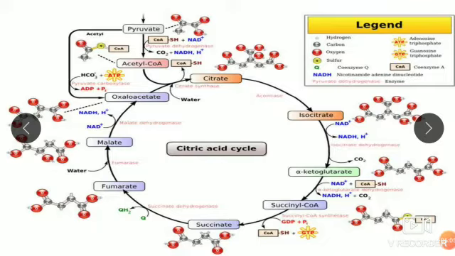As you have seen, two pyruvic acid molecules are formed from one glucose molecule, so two citric acid cycles take place per glucose molecule.